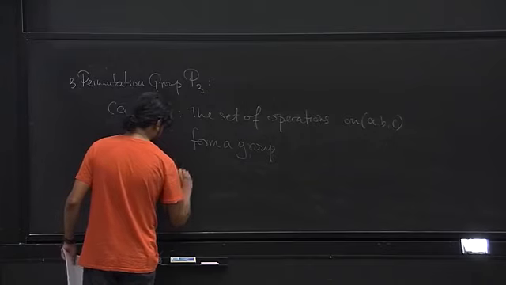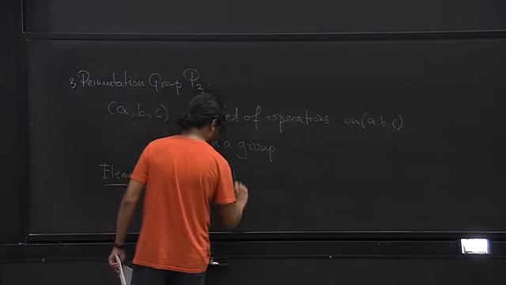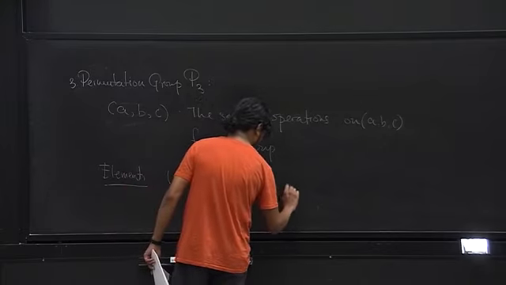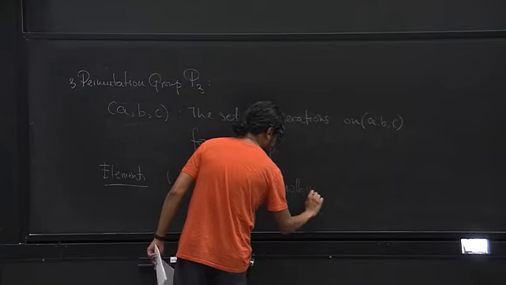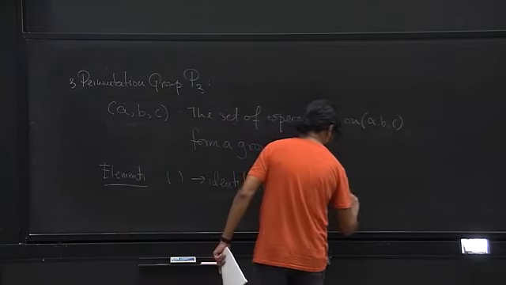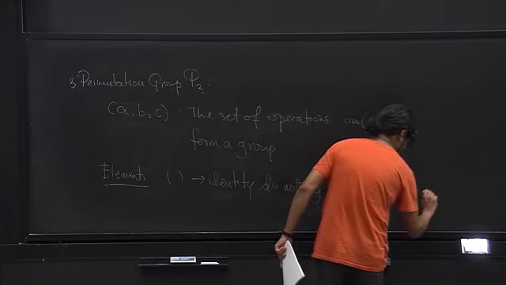So for example, the identity element is do nothing. Just leave everything as it is. So if you have ABC, you leave it like ABC.